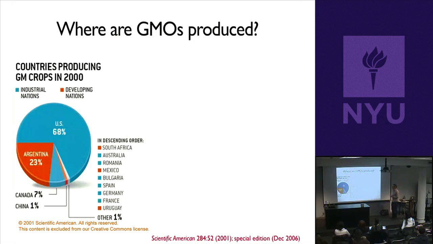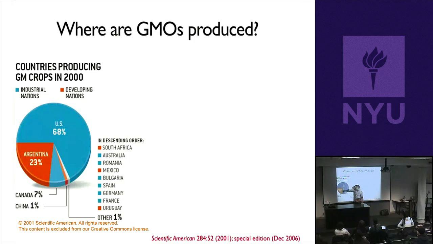As of the year 2000, this is the picture of where genetically modified crops are being grown. If you take the total production of genetically modified crops, and you ask what percentage of that total production is in the US versus other countries, here's what it is. It probably doesn't surprise you to find that about 70% of genetically modified crops were produced in the United States.